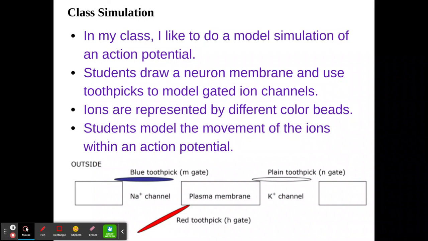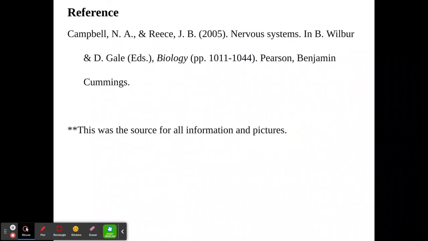We use beads, 2 different colored beads, one for sodium, one for potassium, and showing that movement. And they have to do this right in front of me so I can help them if they have any slight misconceptions or mistakes, and we can catch that real time. And I find that students, when they can do this, it really helps them to understand that content a little bit better.